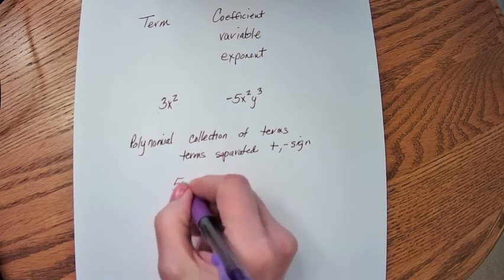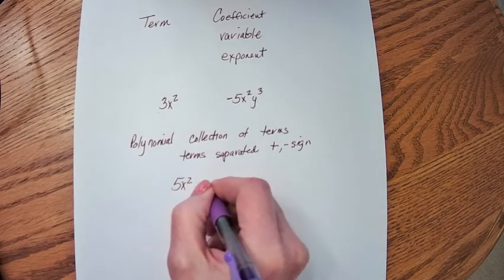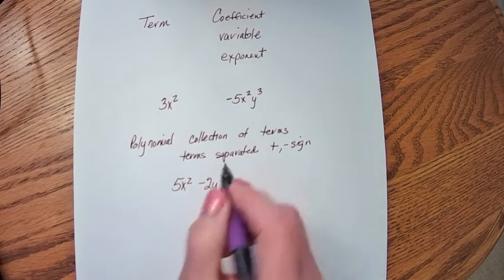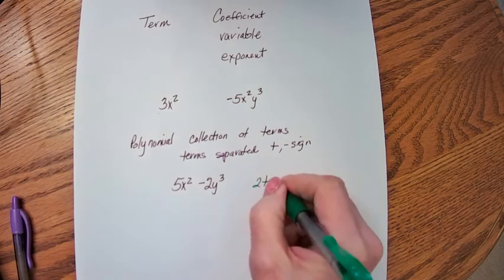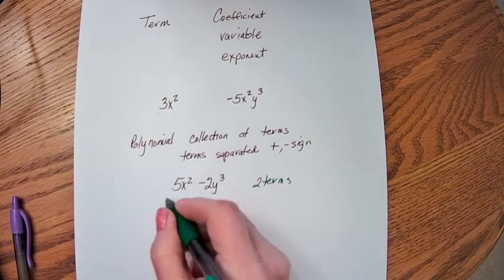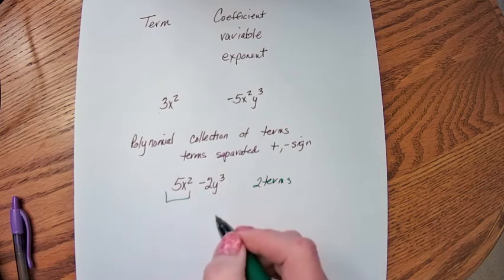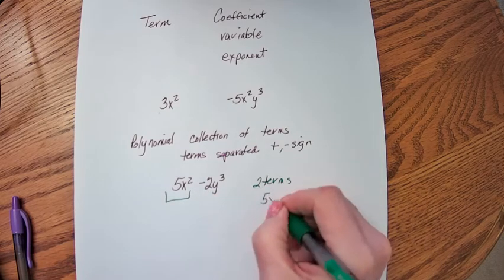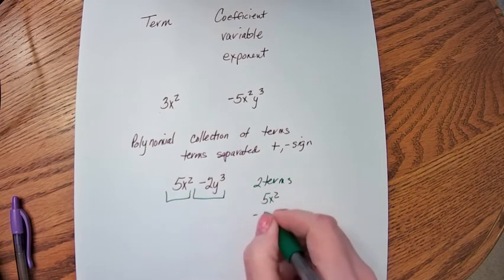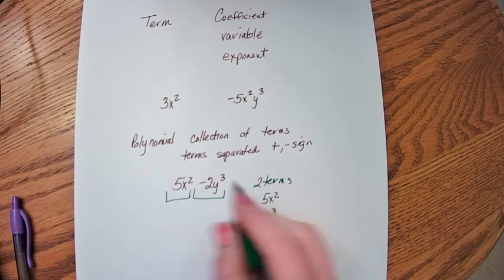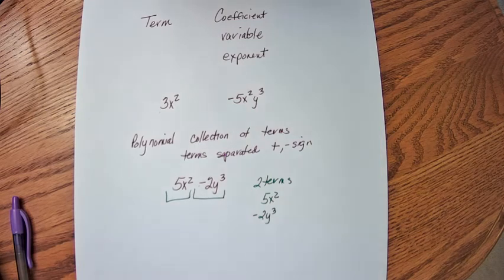So if I have 5x squared minus 2y to the third, this has two terms. Here's my first term, 5x squared, and here's my second term, negative 2y to the third. That negative goes with that 2.